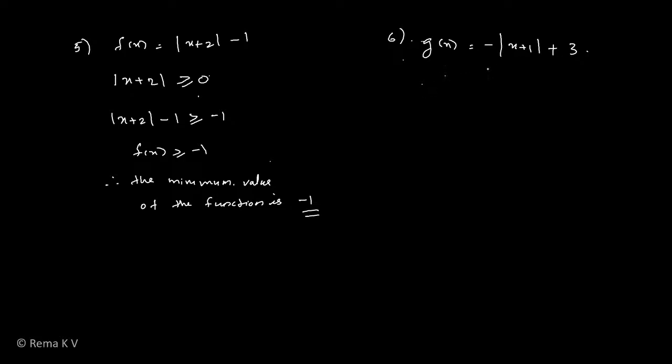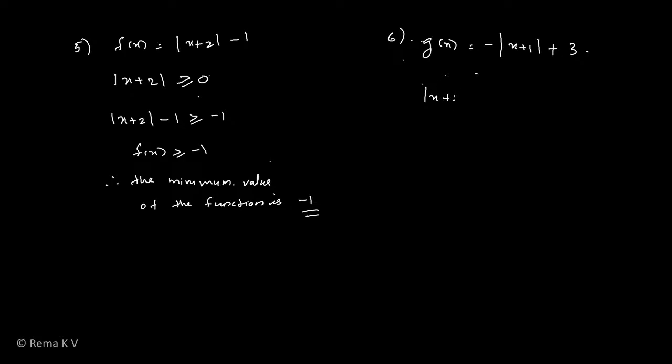So we can write your answer as the maximum value of the function is 3. Okay, all of you are coming with the answer, this 3. Let us see this one.